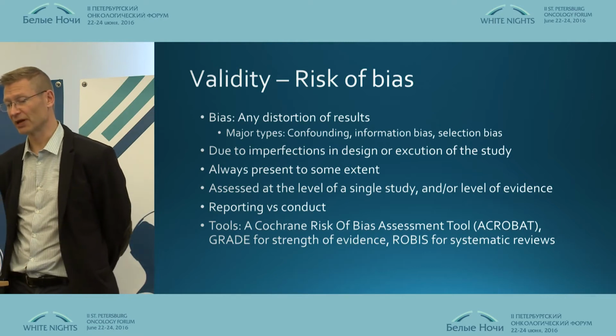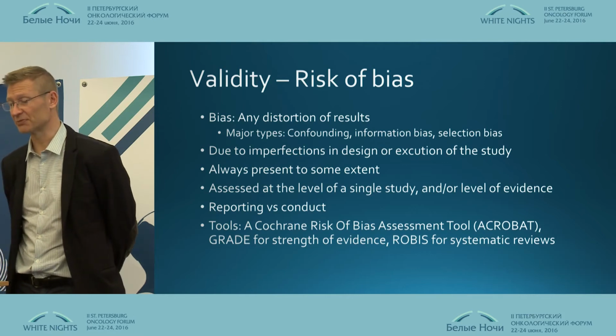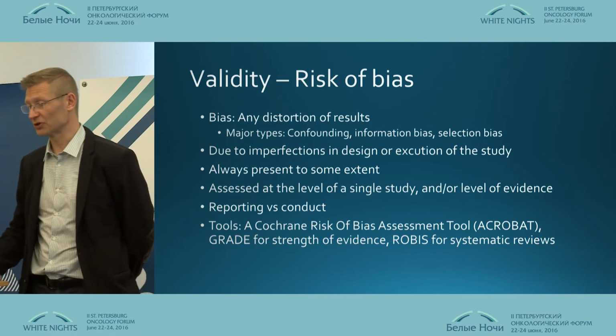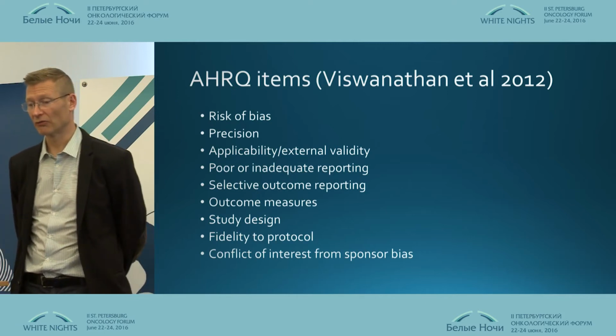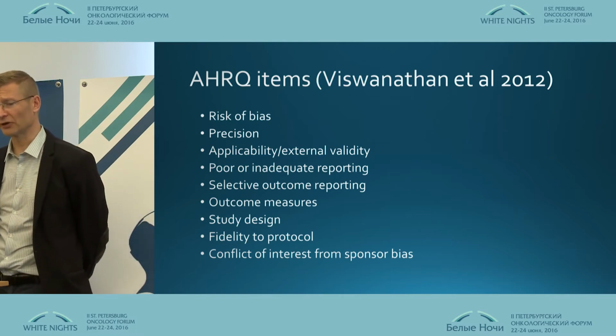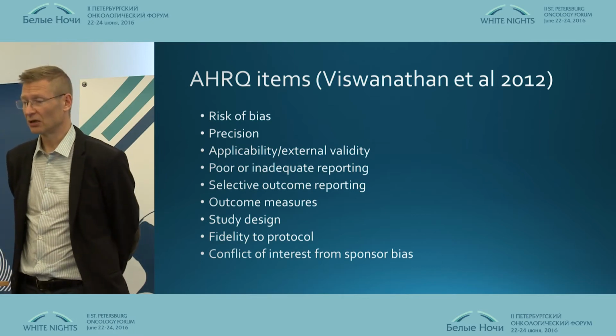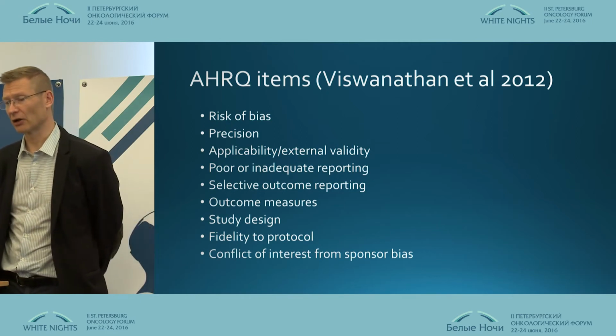GRADE is an instrument for strength of evidence, sort of overall evidence assessment, and ROBIS is something developed for systematic reviews. And this is just a list of items that were listed by the Agency for Healthcare Research and Quality a couple of years ago. So these are the issues that should be addressed in critical appraisal.